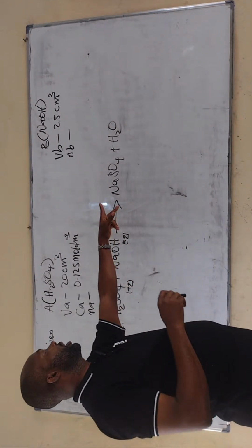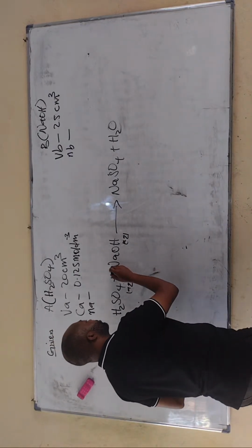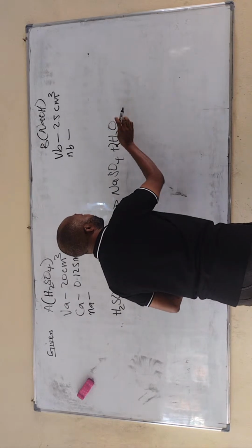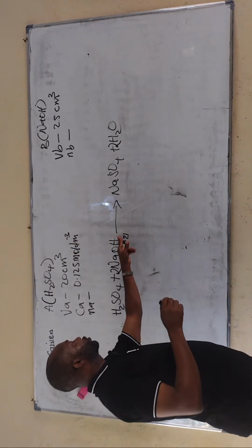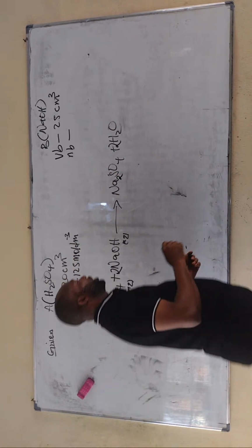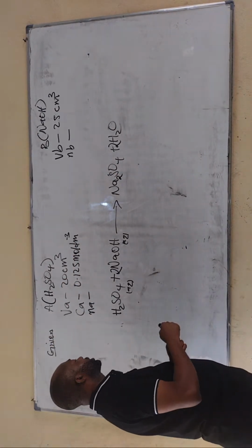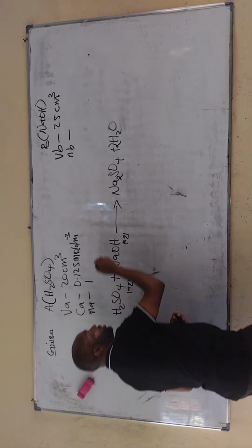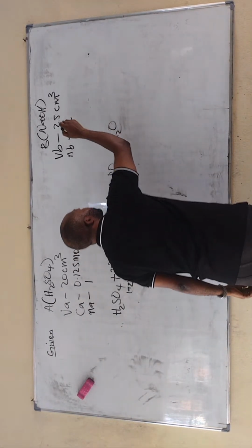Hydrogen here is 3, so obviously we have to put 2 here to balance the hydrogen. 2 here, and 2, 2, 4. So I have 2 hydrogen, that's 4, and my Na will be 2 here. So from this equation of reaction, we know that the number of moles of acid is 1. Number of moles of base is 2.